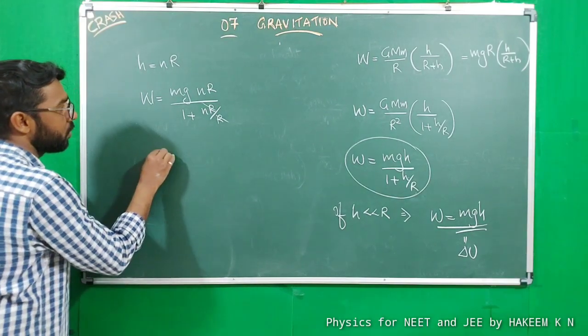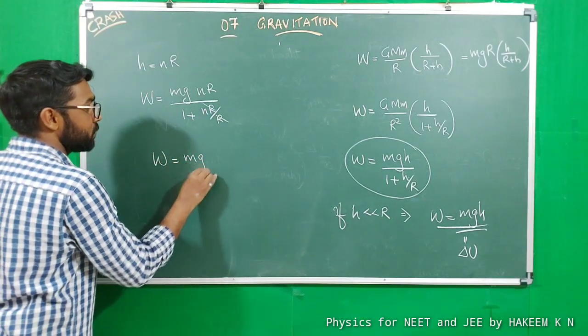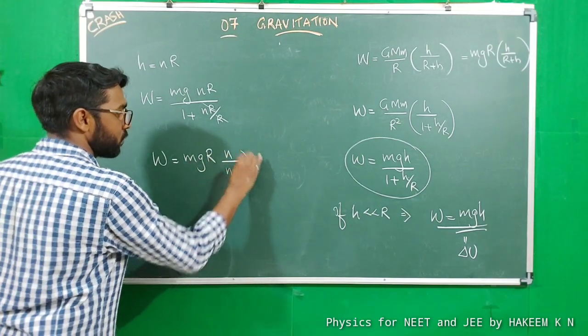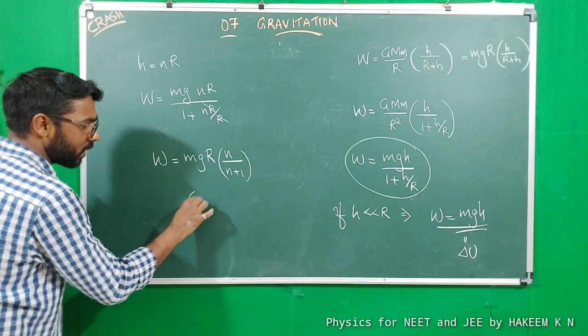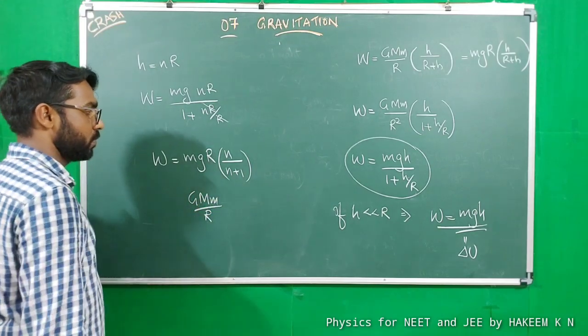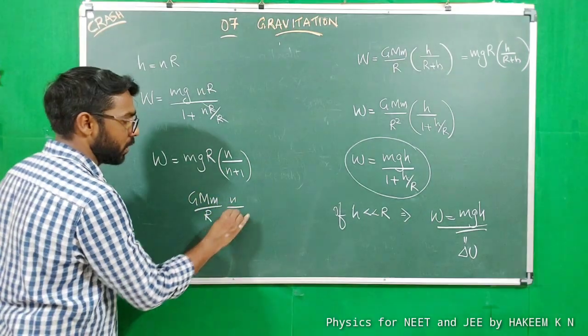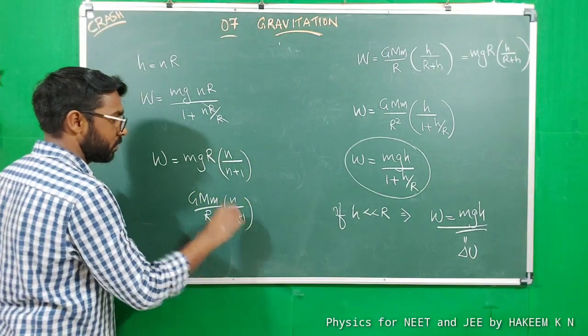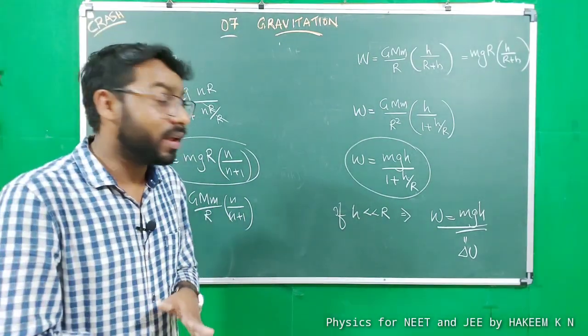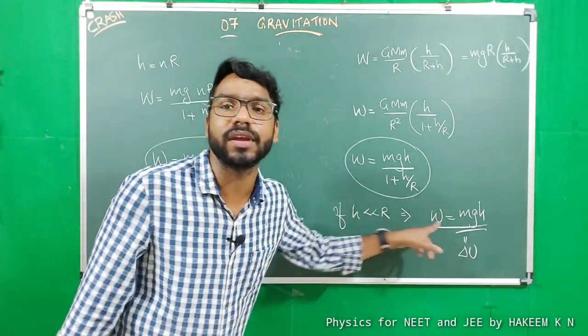So we will get W equal to mgr into n by n plus 1. For mgr we can write GMm by capital R into n by n plus 1. This we can use if height h equal to nr, and if height is negligible, then only we can use this.